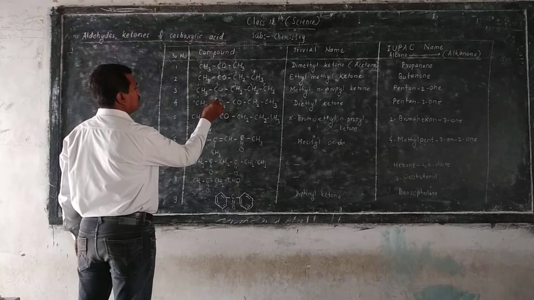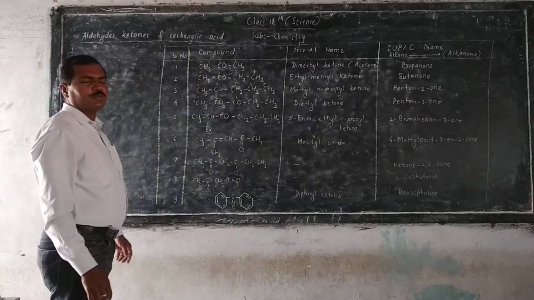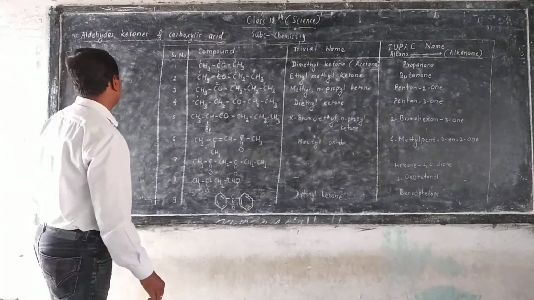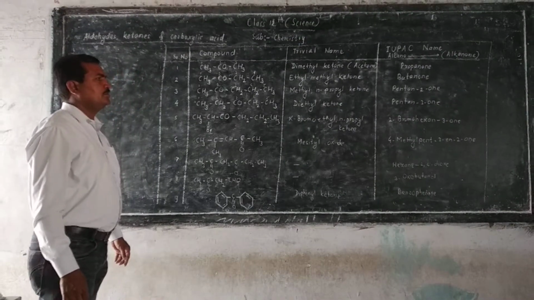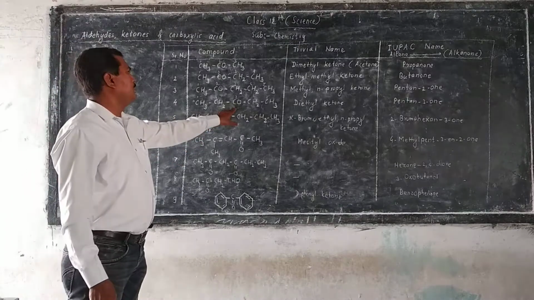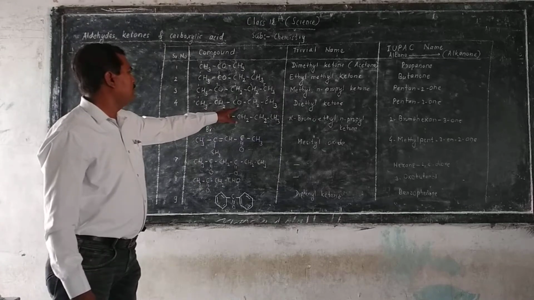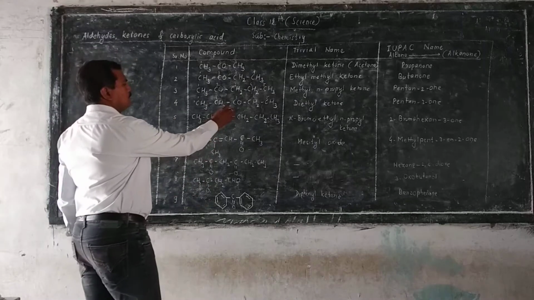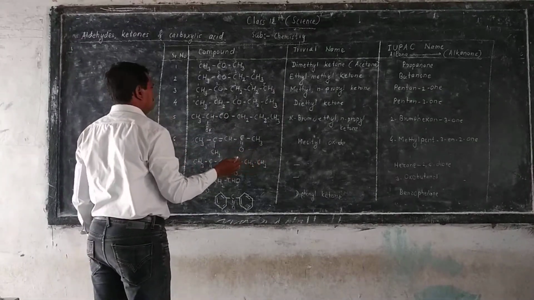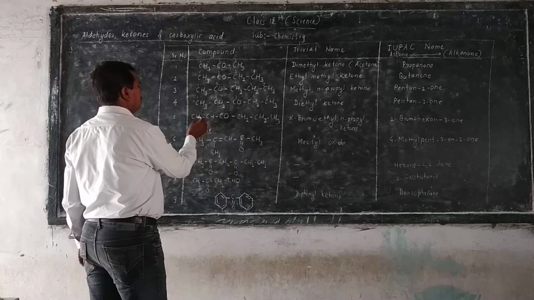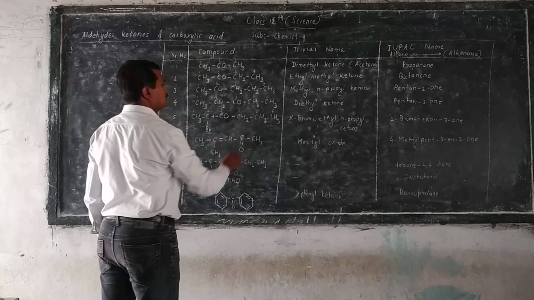Then the fourth structure: 1, 2, 3, 4, 5. Five carbons are present, so the parent alkane is pentane. So pentan-3-one, because this carbon is present at the third position. Then here numbers 1, 2, 3, 4, 5, 6.